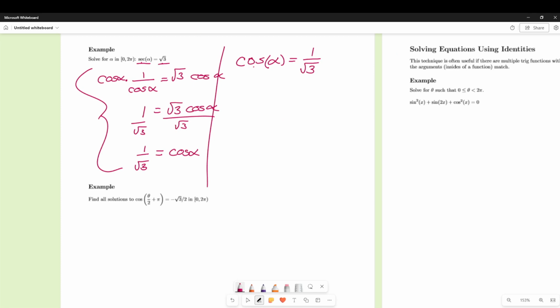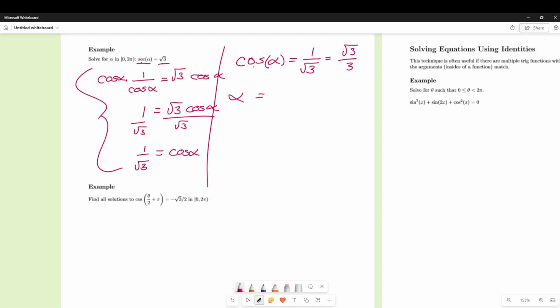And, looking at that, you might ask, do we want to rationalize that? We certainly can if we want to, and turn that into the square root of 3 over 3. Whether that's valuable or not when we're about to find the cosine inverse of 1 over the square root of 3 is debatable, but either way.